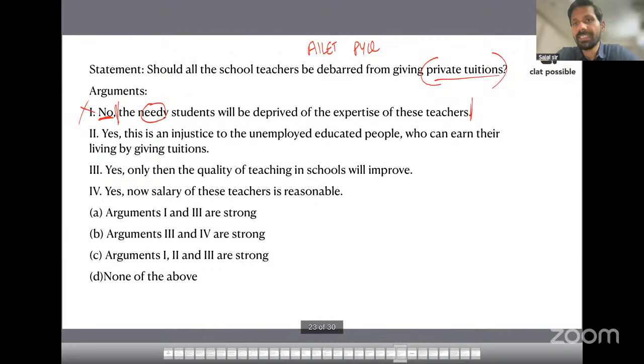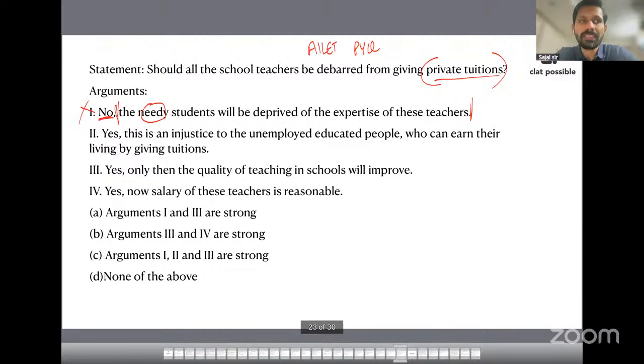Two says this is an injustice to the unemployed, educated people who can earn their living by giving tuitions. How is this injustice? Right? Here, again, in a democratic free market economy, right? Everyone is entitled, has the right to use their skill set in the best way possible to earn themselves livelihoods, right?